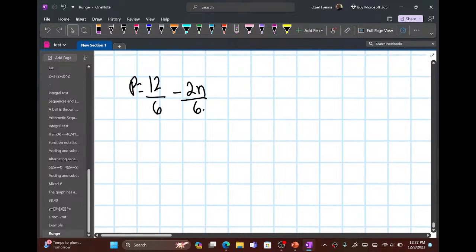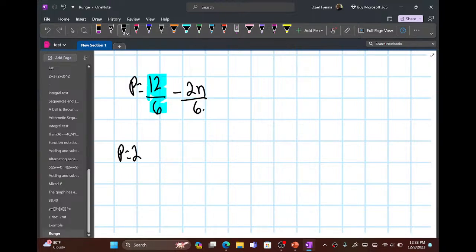Now, this obviously will be a 2, so p is 2. Minus 2n over 6, I just want to make sure we understand this as well. A over b times x is really ax over b. The 2 over 6, however, we can reduce.